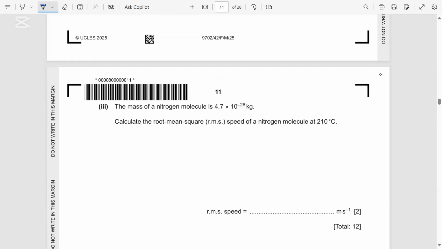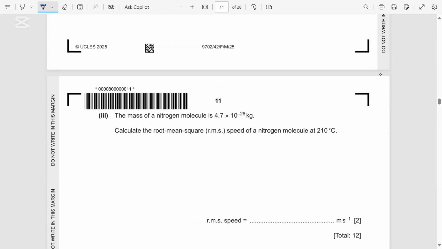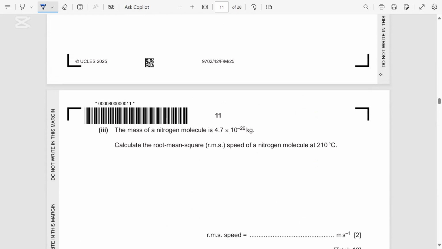The mass of a nitrogen molecule is 4.7 into 10 raised to power minus 26 kilograms. Calculate the root mean square speed of the nitrogen molecule at 210 degrees Celsius. So you should know that the average kinetic energy, half m c squared, is equal to 3 over 2 kT.